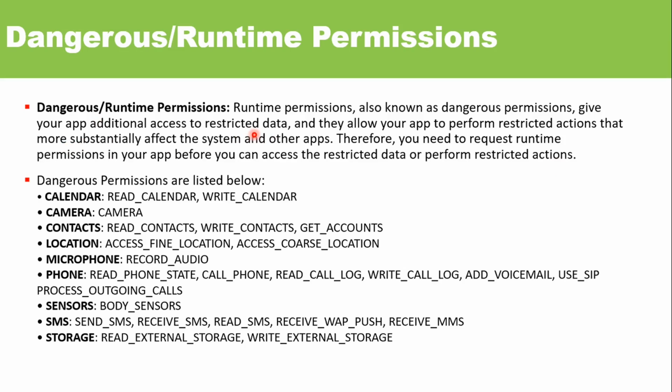So dangerous permission, as the name goes, if we allow access to it, then the application can have access to some restricted data, which can eventually lead to affecting the system and other apps. Okay, and it can also invade the user's privacy, see what information the user has or not.